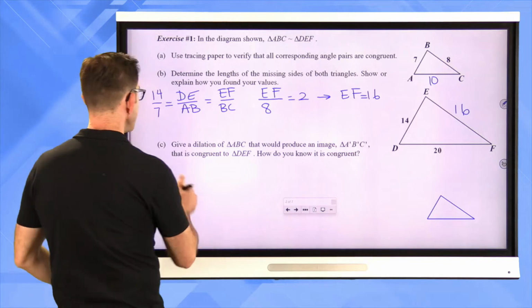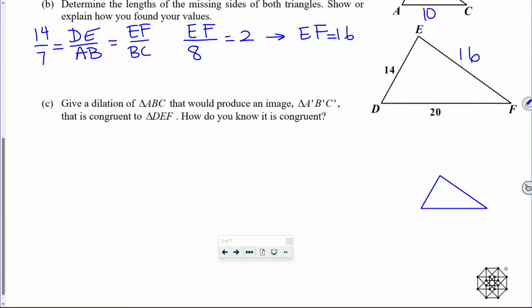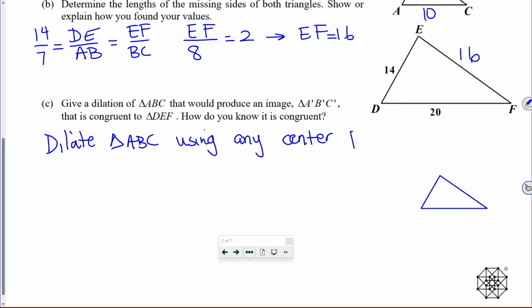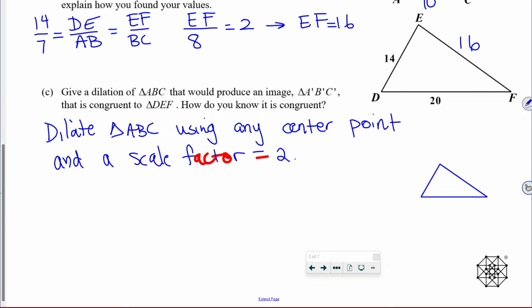So I'm going to say dilate triangle ABC using any center point and a scale factor equal to 2.